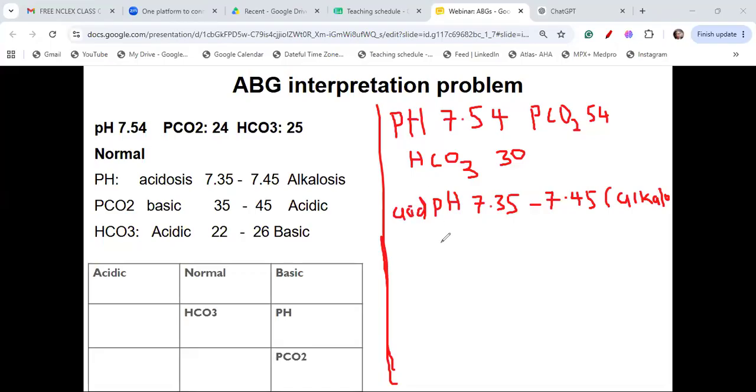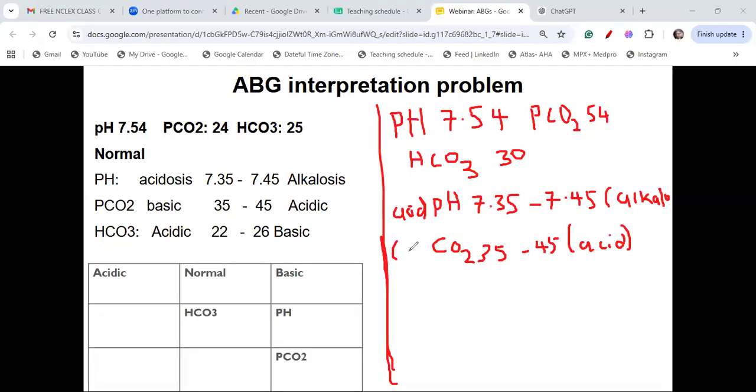The matching is the issue. Don't look at the figures, look at what matches. So pH 7.35 to 7.45. CO2, 35 to 45. I've said on this side, it is acidic.